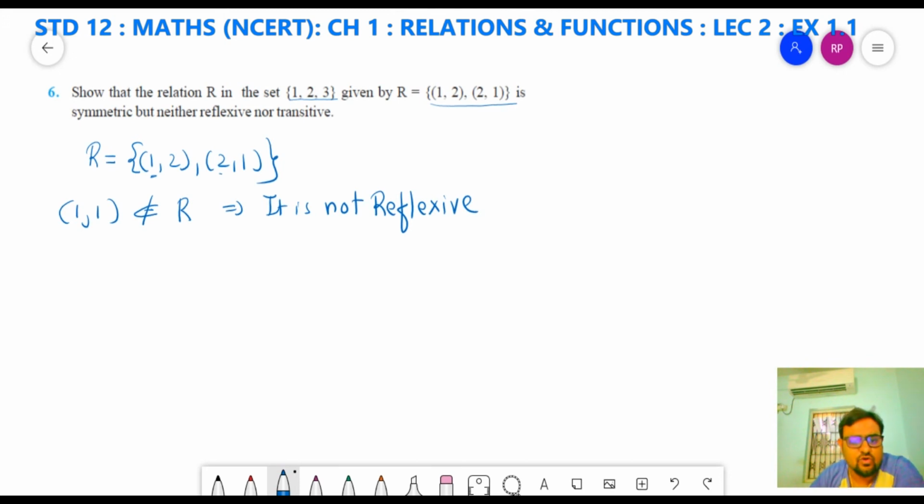Now for the next one, that is symmetric.